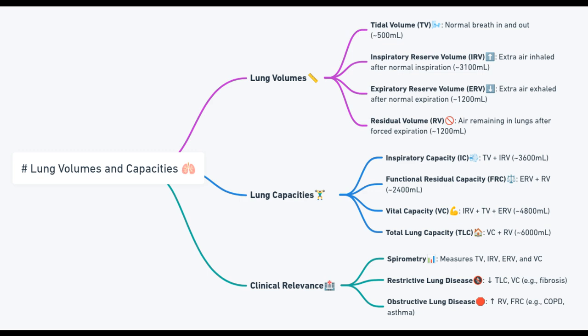But for restrictive pulmonary pattern or pulmonary conditions, you would have your FEV1 FVC ratio more than the lower limit of normal, and your FVC, your forced vital capacity, less than the lower limit of normal.